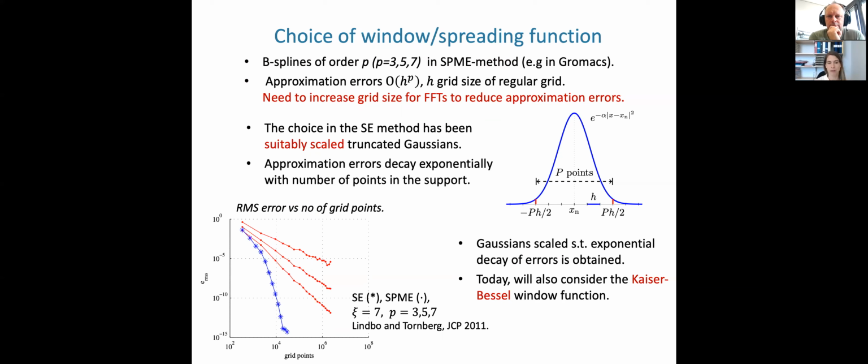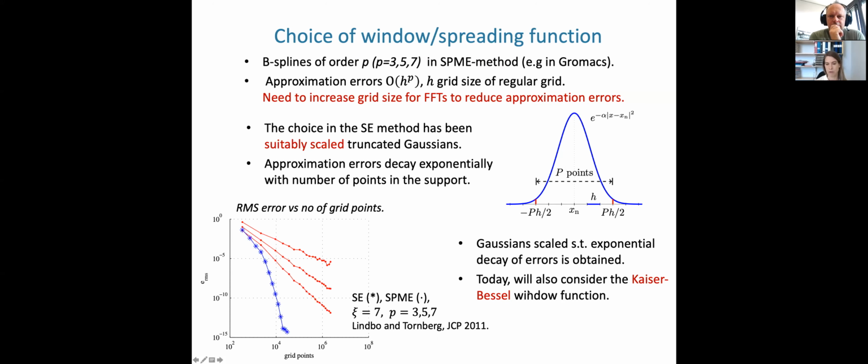Our approach has been different, where we have used Gaussians that we can scale independently. We say we have p points in the support, but we can scale it so as to use it optimally. This is an old picture, but if you look at the number of grid points you need to get to a certain accuracy, you can use much smaller FFT grids if you take this approach.